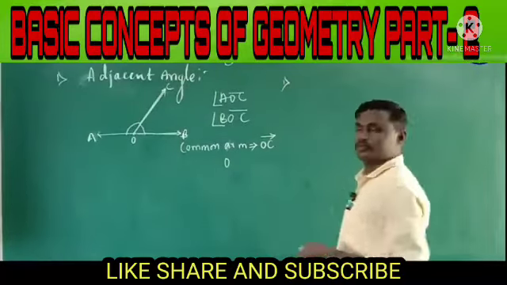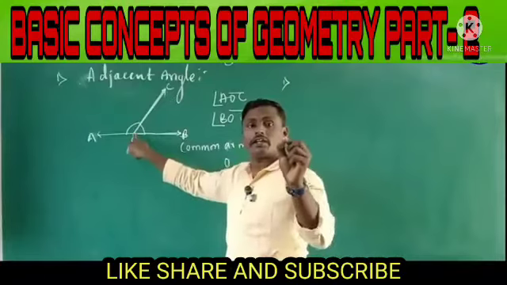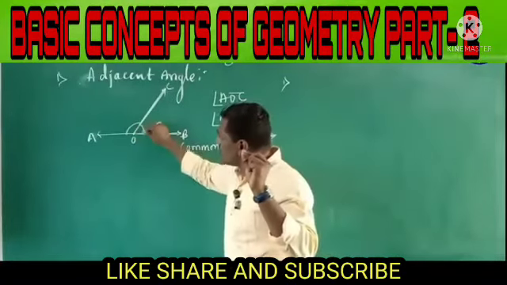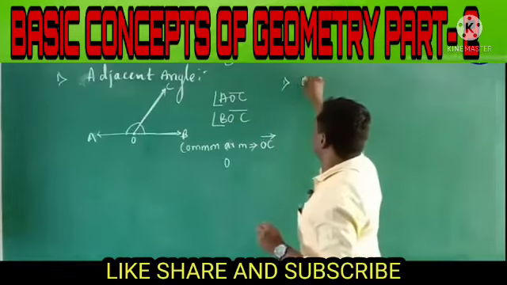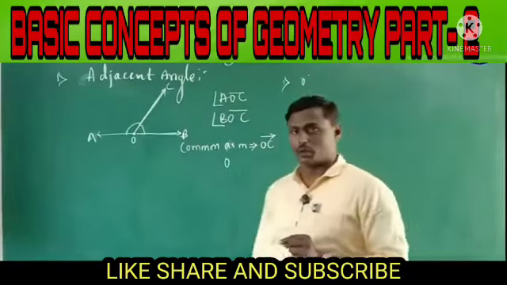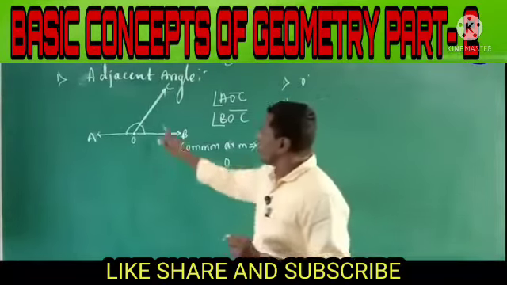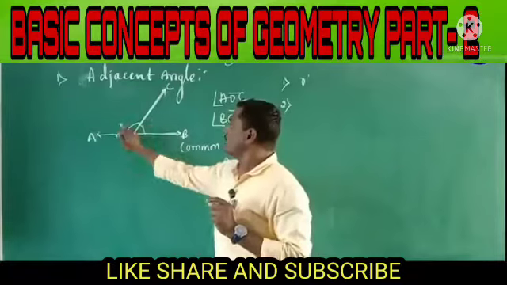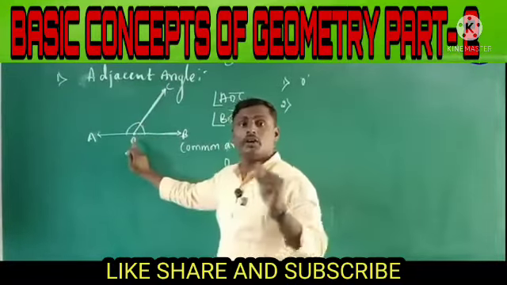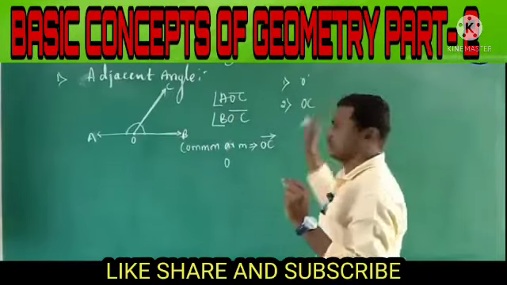First one, the two angles will meet at one vertex, or the two angles are formed by the same common vertex, that is the vertex point O, right? Second one, the two angles have one common arm, and that common arm or common side is OC.